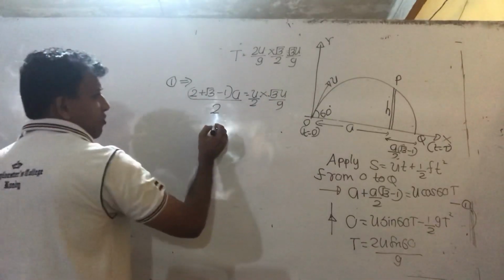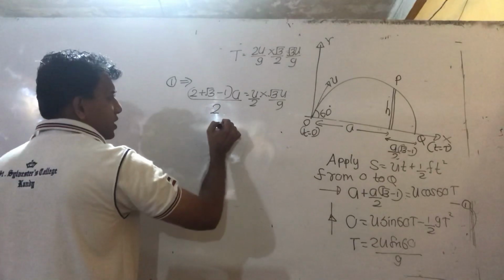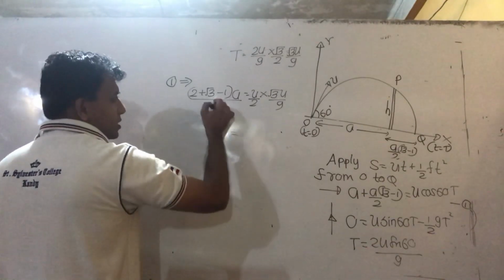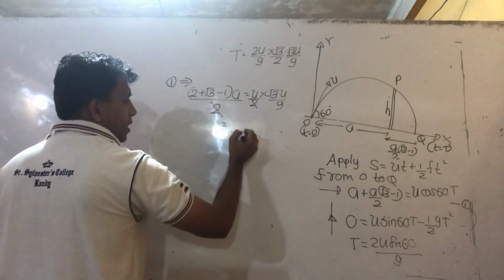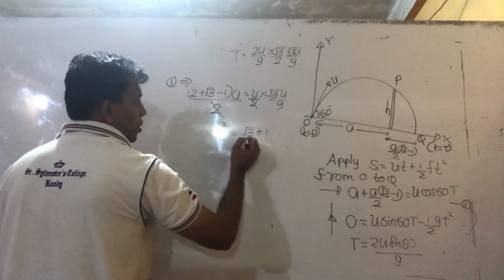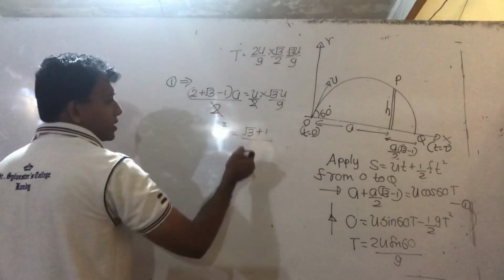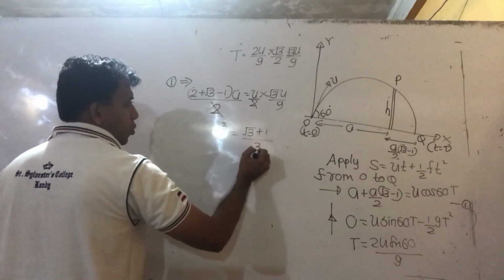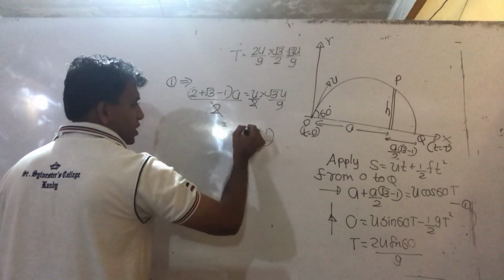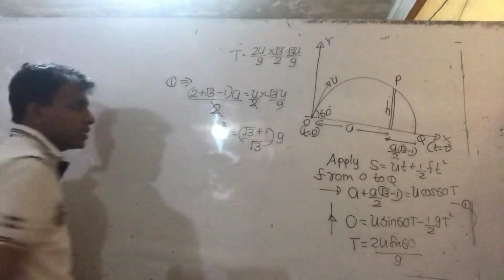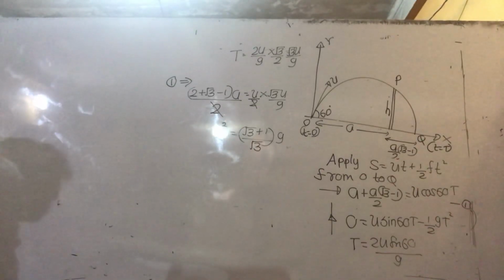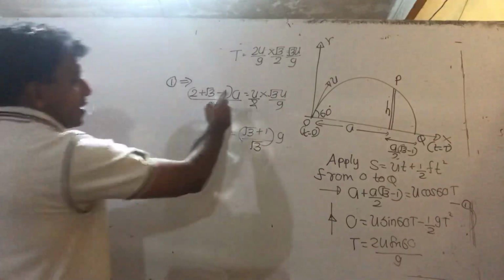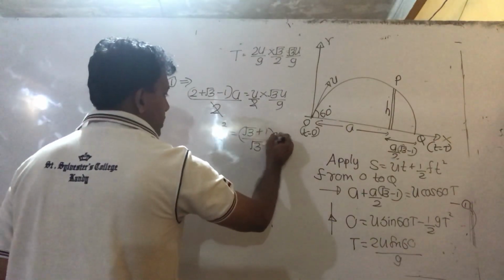So you can find the u square answer. The 2 cancels, and u square is root 3 plus 1 over root 3 into g. So the velocity squared is root 3 plus 1 over 3, with a g here, check the value, a g.